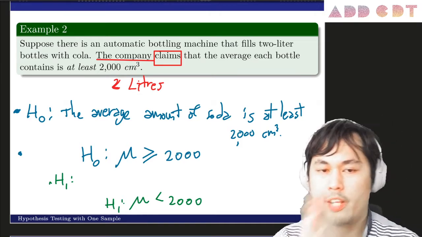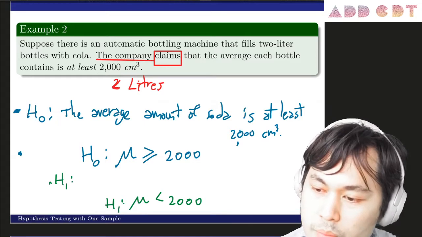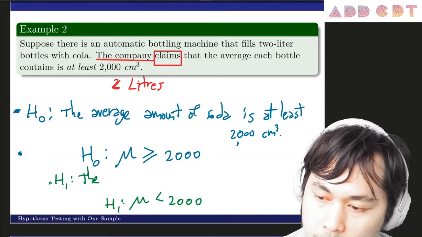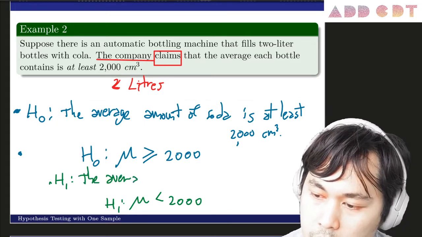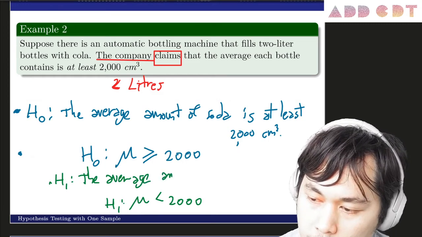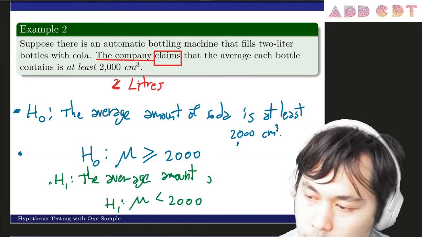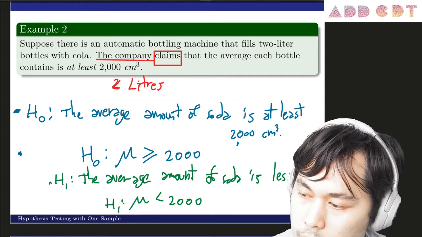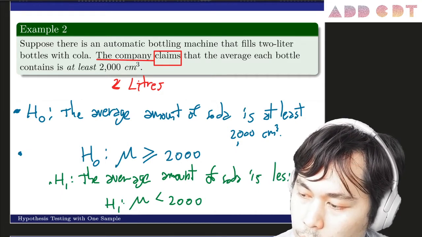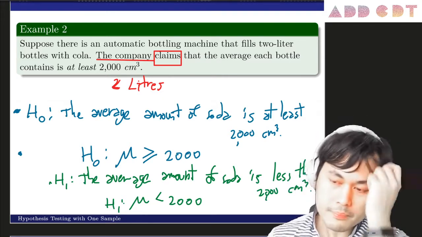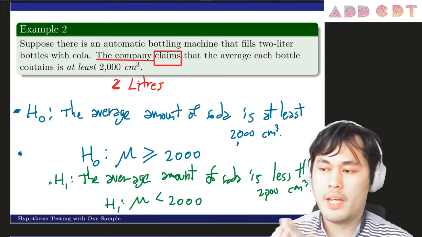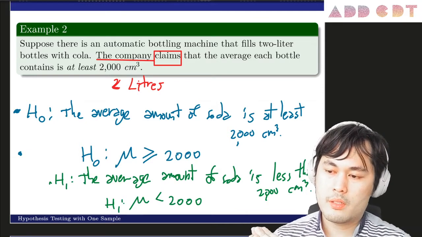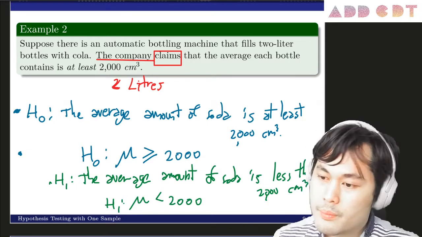Or if you express that as a sentence, you say, okay, the average amount of soda is less than 2000. It is either less or greater or equals.